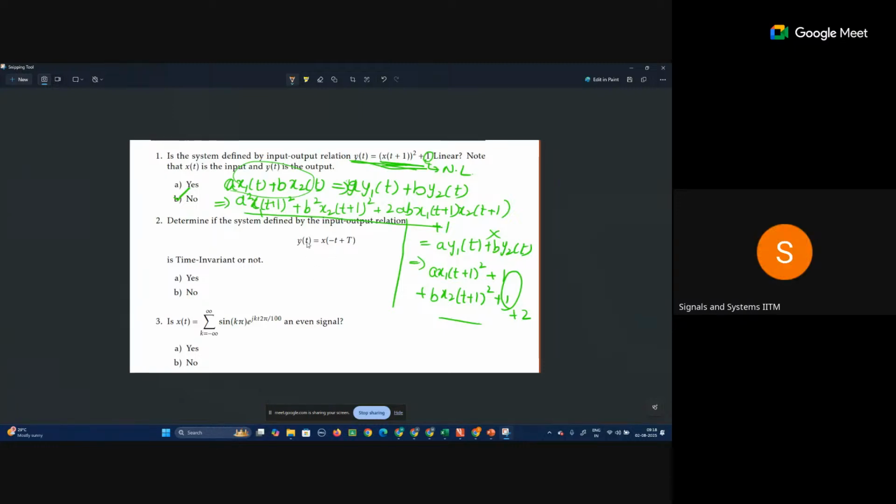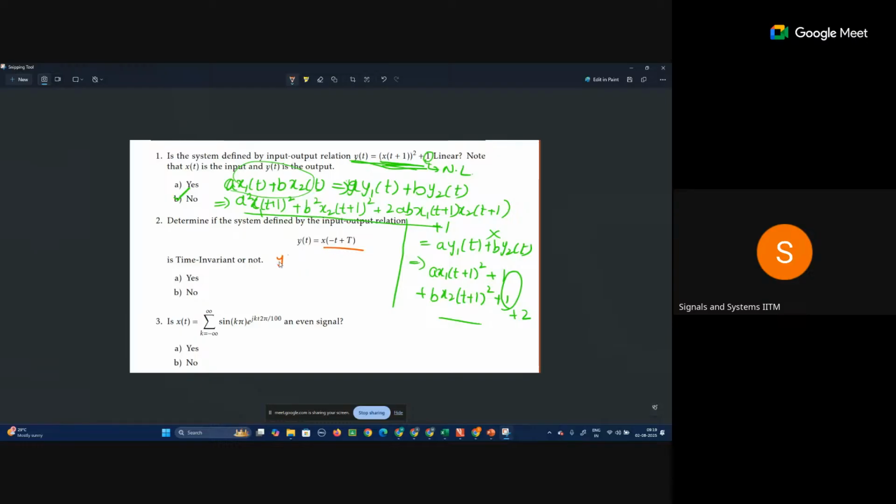Correct. One thing I told in one of the sessions is that for checking time variance or invariance, we have to shift the input by some constant and cross check whether it is happening with that.